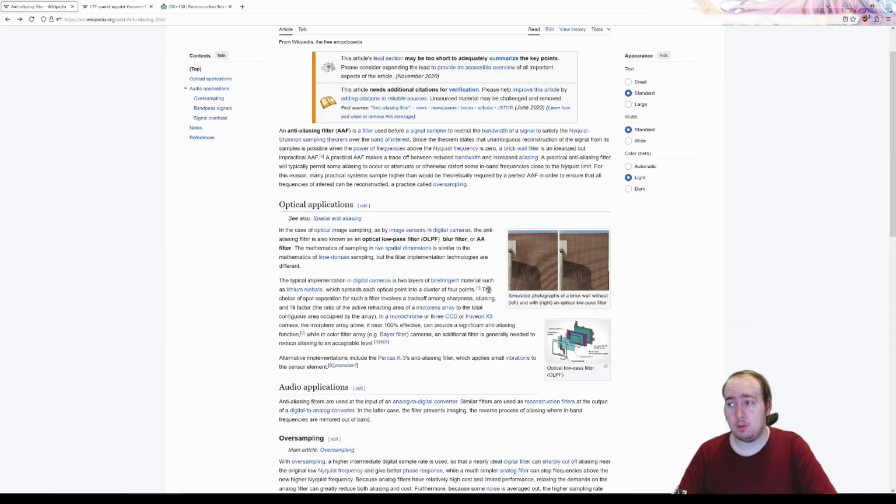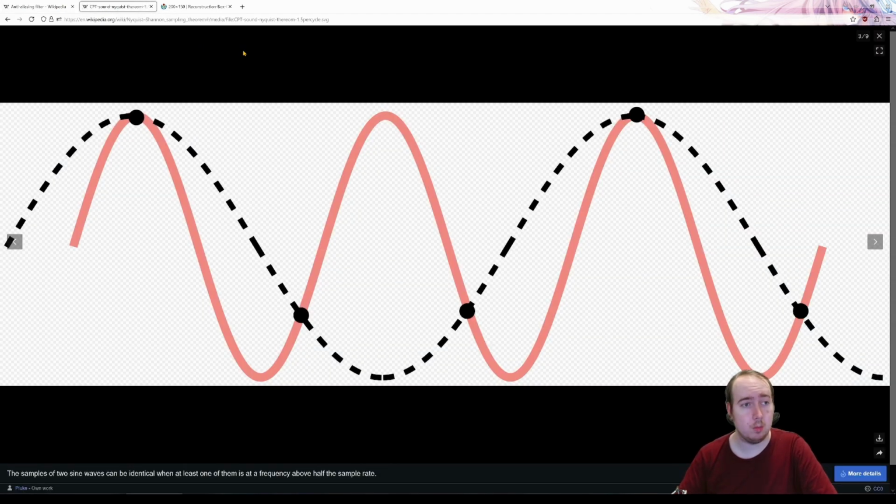Another example of why you get this wavy pattern we can see in this example. Here we have this red high frequency sine wave, and we sample this sine wave at a periodic interval at these black dots. And these black dots are slightly further apart than half the wavelength, I should say, of the red sine wave.